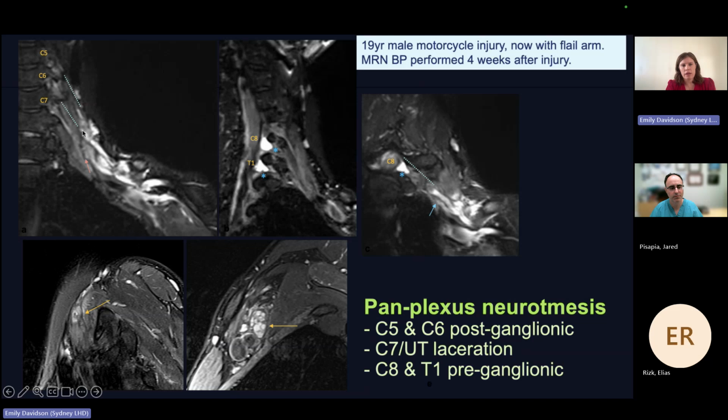The C7 is lacerated at the upper trunk level, and the C8 and the T1 have preganglionic root avulsion. We just don't see any nerve architecture in the neural foramen. We have pseudomeningocele, and we can see the stump edges retracted even further. And again, on a cross-section, we don't have any neural elements in the interscalene triangle, and they're all retracted back to the costoclavicular space.